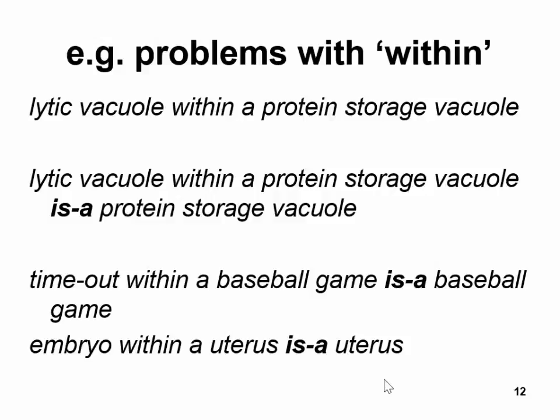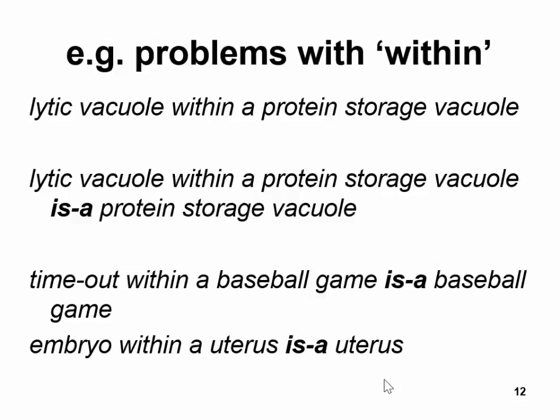So, these are some examples from the gene ontology as it then was. Lytic vacuole within a protein storage vacuole is a protein storage vacuole. Now this is like saying a timeout within a baseball game is a baseball game. It's wrong. Or an embryo within a uterus is a uterus. That's also wrong.